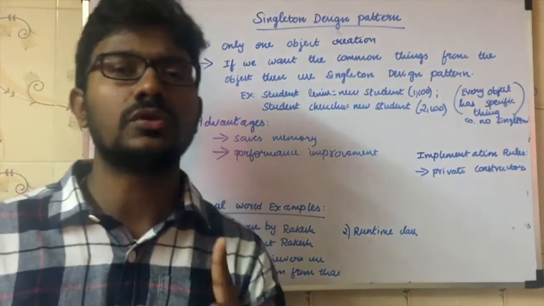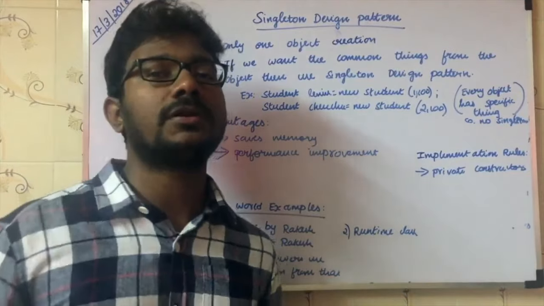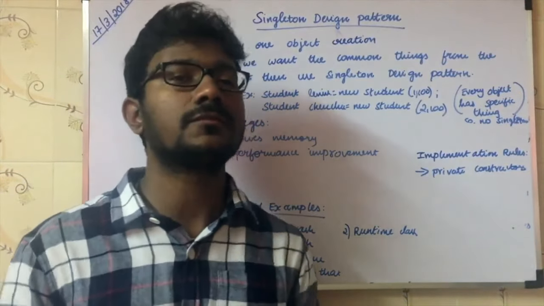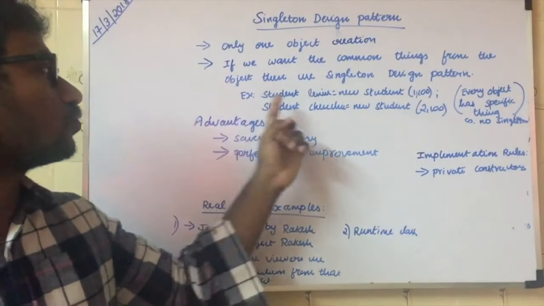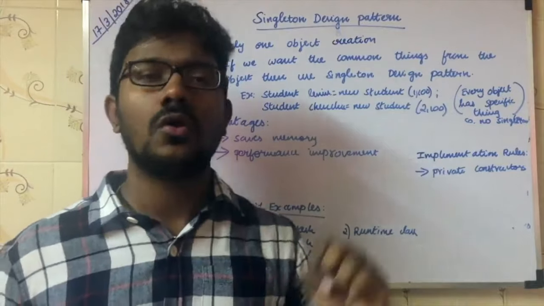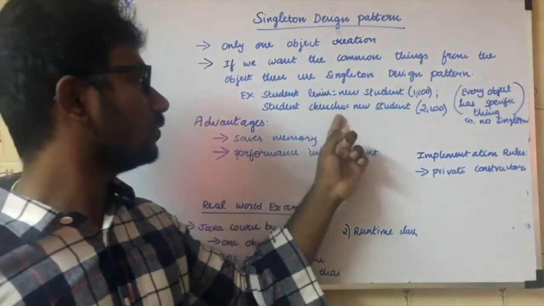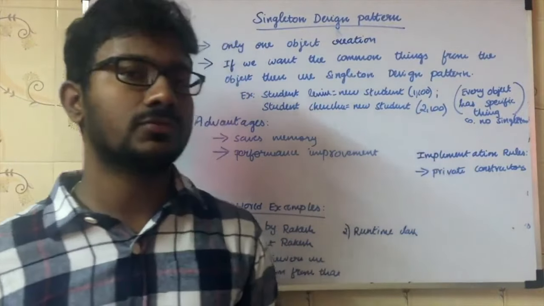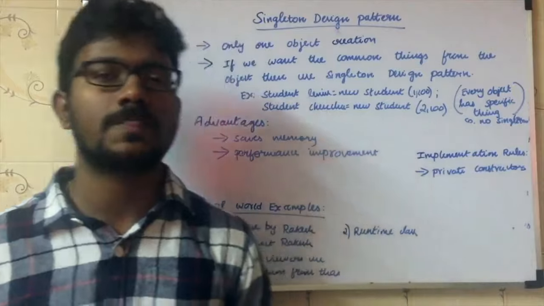The first rule is, if some objects have their own properties, we shouldn't use the Singleton pattern. For example, consider this case: Student Lenny equals new Student(1, 100). 1 is the roll number and 100 is the marks. Student Chenchu equals new Student(2, 100). Here Chenchu is the object, 2 is the roll number and 100 is the marks.